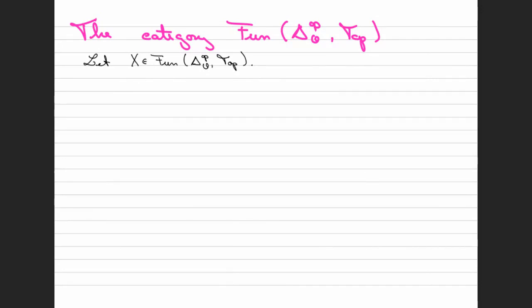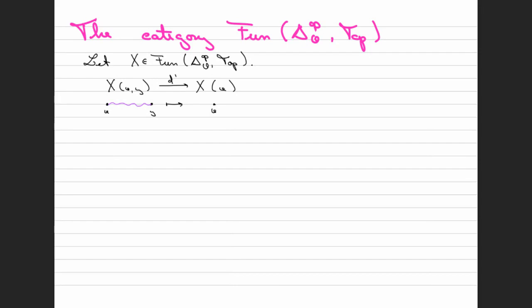Okay, so what is this? For each object in delta O, we are going to have a topological space. And then the arrows in delta O will be mapped into continuous functions between these spaces. But okay, nothing better than an example. So we have the object x, y in delta O. So we have a corresponding topological space, big X of x, y.